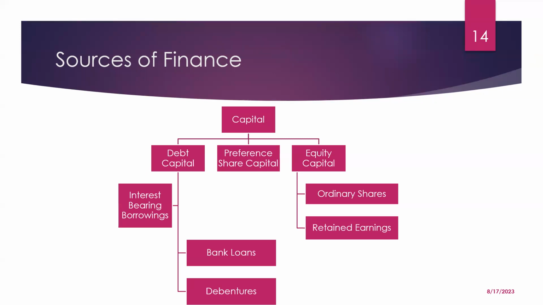In the ordinary shares, you don't need to pay any interest or any debenture, any dividends, right? You are not entitled and you are not liable to pay those to your equity or ordinary shareholders.